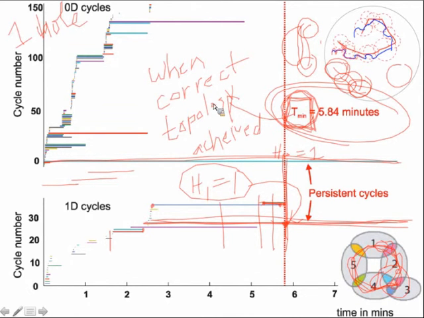The minimum time when we've got the correct, actually it's the homology, because we're not actually computing the actual topology, but when the homology is correct, we've got the correct H0 and the correct H1, that's our Tmin. So in this case, we detect the topology of the environment in 5.84 minutes. Questions there?